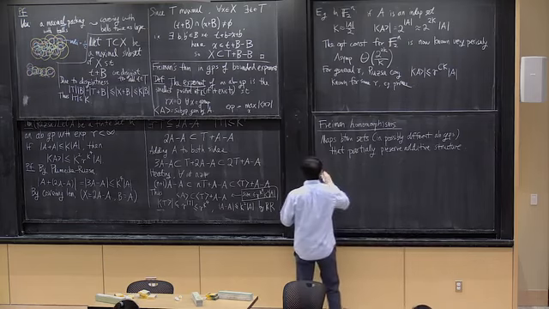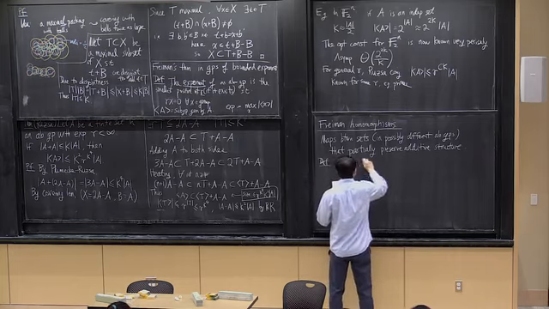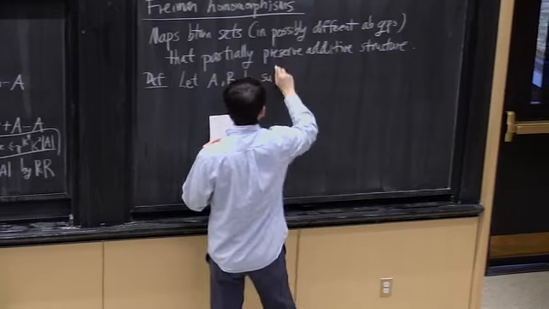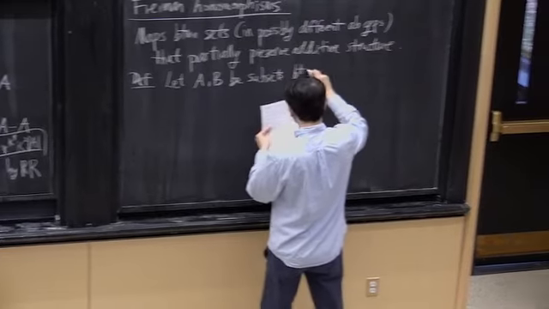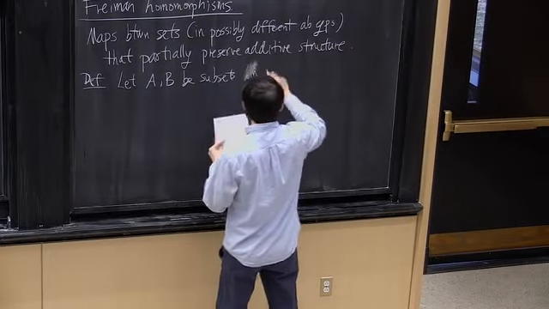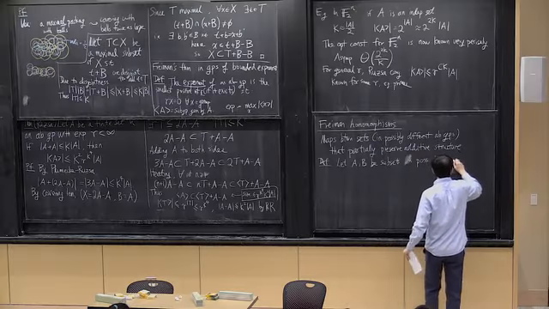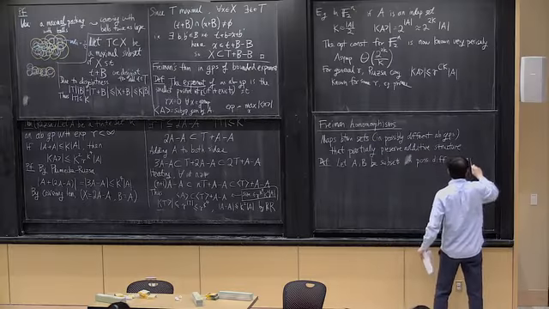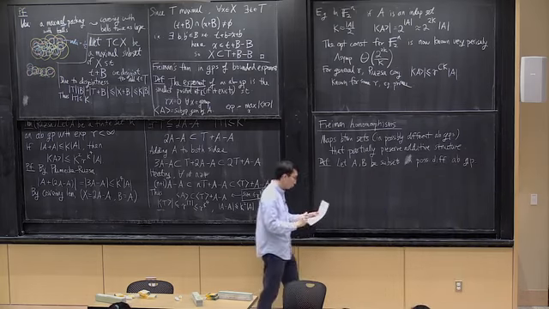Okay, so here's a definition. Suppose we have A and B, subsets in possibly different abelian groups. Could be the same, but possibly different. And everything's written under addition as usual.